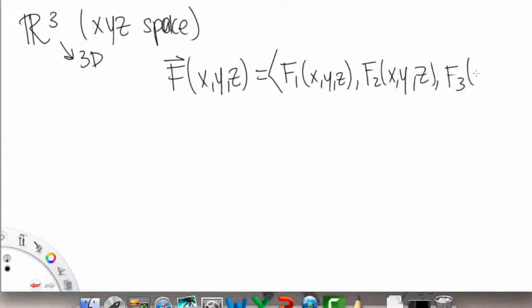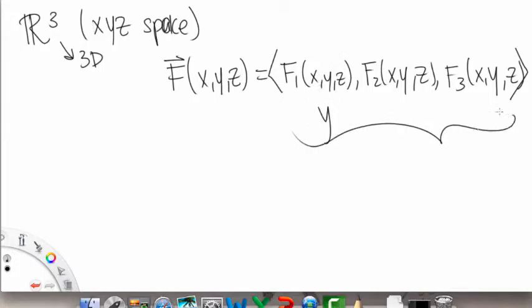Sometimes you'll have a vector field where a component might be just a y or something, and then obviously you don't have an x and a z there, but basically the whole idea behind this is that the components that make up the vector depend on some combination of x, y, and z.